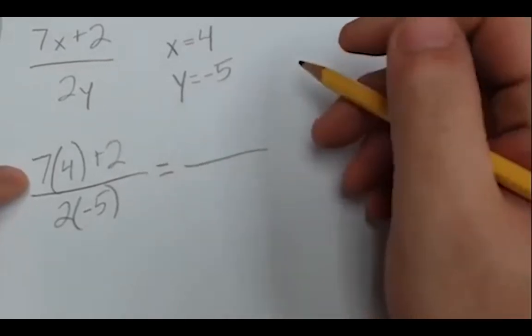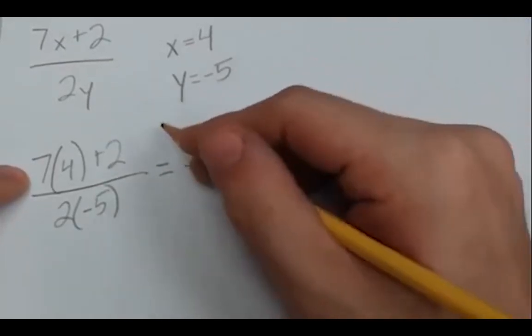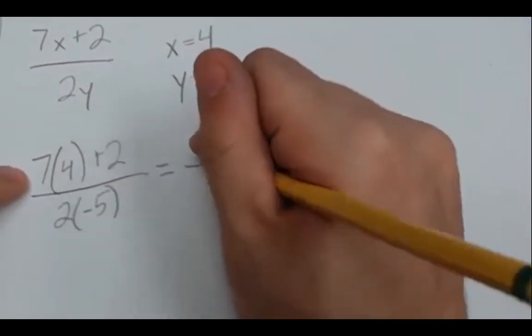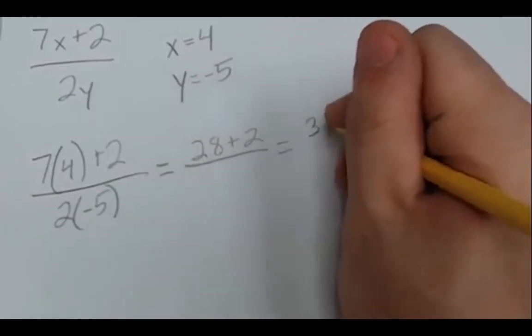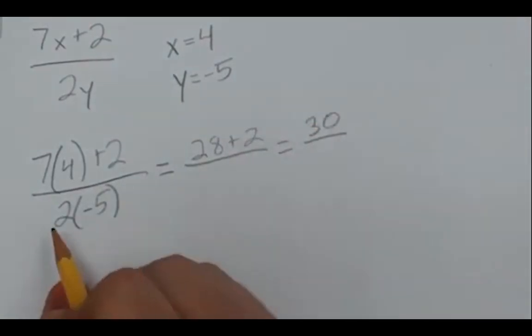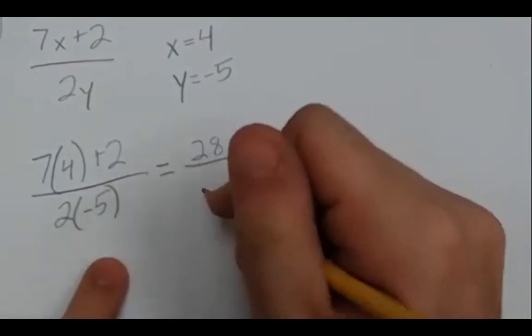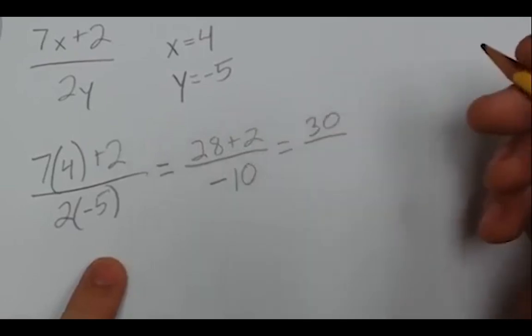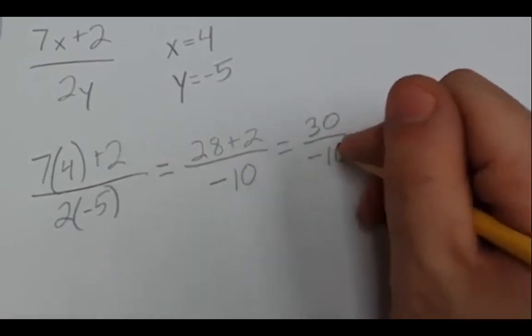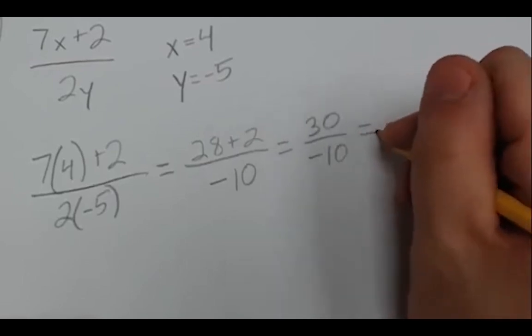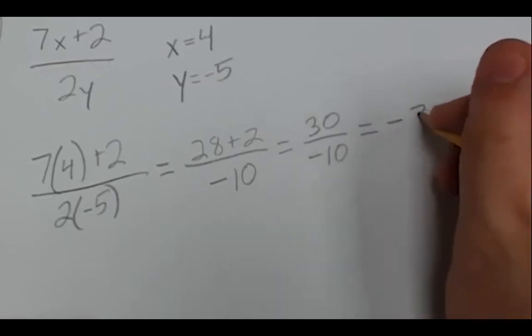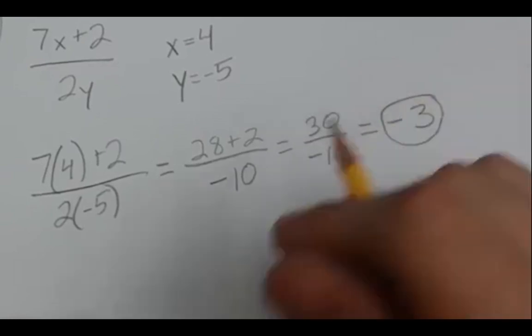Order of operations on top. Multiplication comes before addition. 7 times 4 is 28. 28 plus 2 is 30. On the bottom, this is 2 times -5. That's -10. 30, positive 30, divided by -10 is -3.